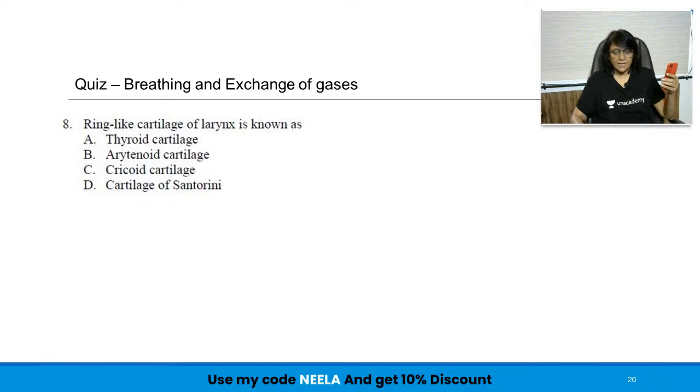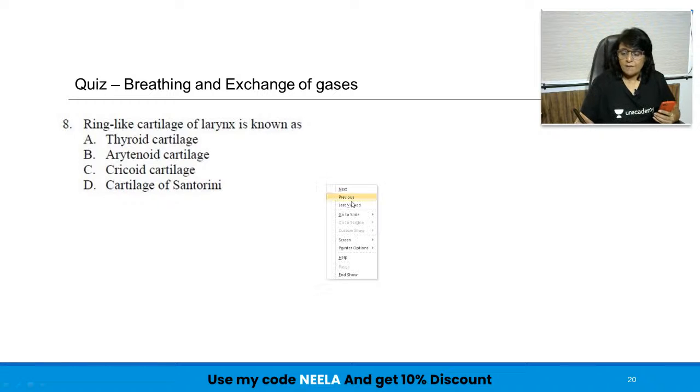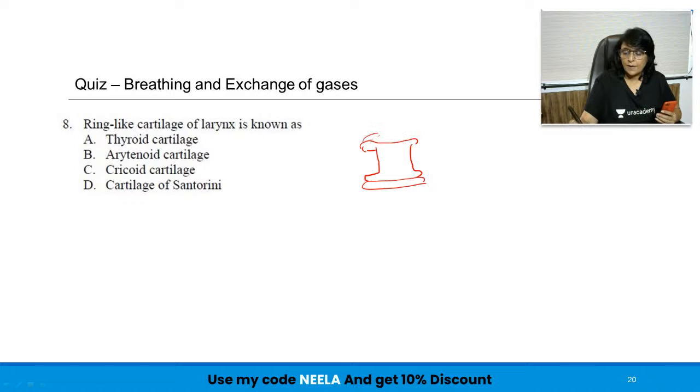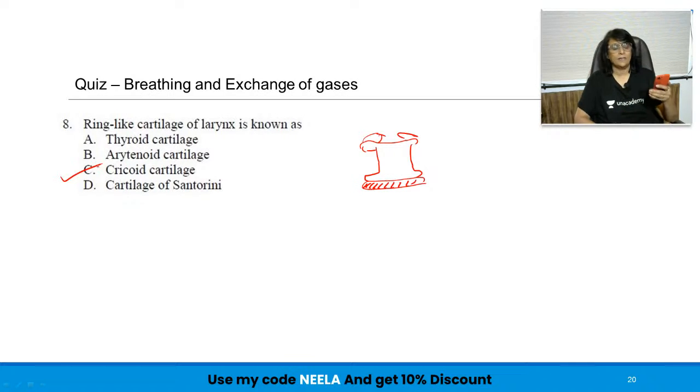Hiren is saying C. See, if you remember, when we were talking about the structure of larynx, we said there is a ring-like cartilage, then there is one which is this H or I-shaped, which is the thyroid, right? This one, and then there were two arytenoid. So this lower complete ring-like cartilage is the cricoid cartilage.